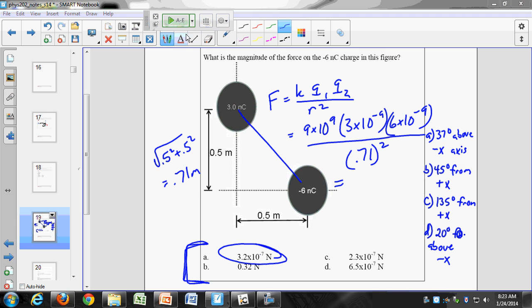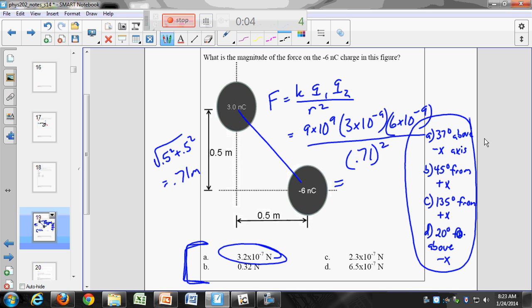Go ahead and give me the direction as well. What is the direction of that force? It's one of these options. 37 above the negative x-axis, 45 degrees from the positive x-axis, 135 degrees from the positive x-axis, or 20 degrees above the negative x. You shouldn't have to calculate this. You should be able to look at it and tell what the answer is.